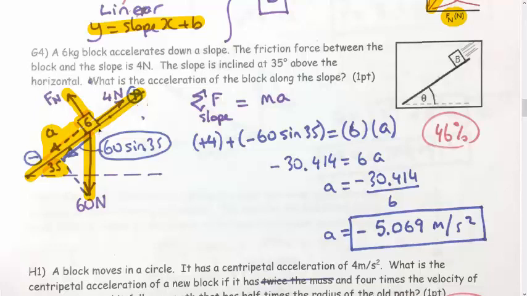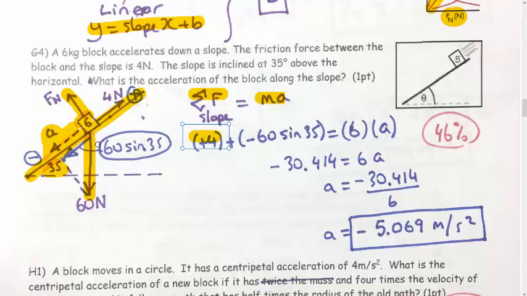If you cannot, then you can resolve your forces perpendicular to the acceleration, and you can say the sum of the forces perpendicular to the acceleration equals 0. So in this case, I'm in line with the acceleration, so the sum of the forces along the slope is equal to ma. And I'm looking at my diagram, and I know that I have a 4 Newton force upwards.